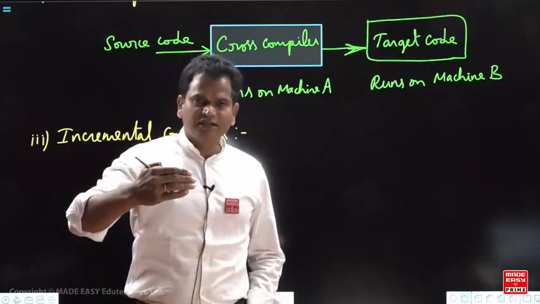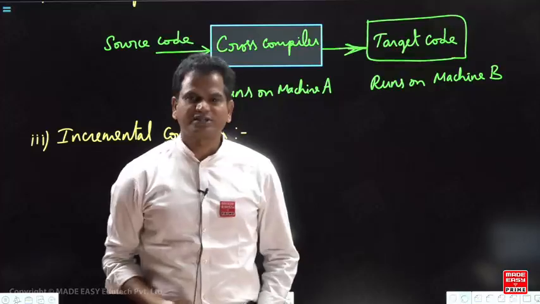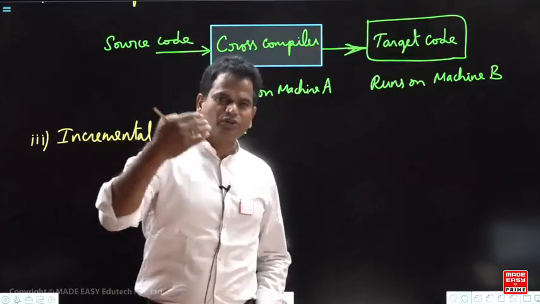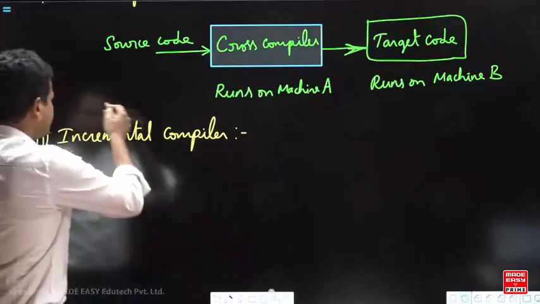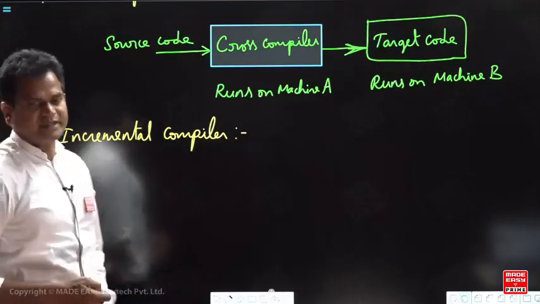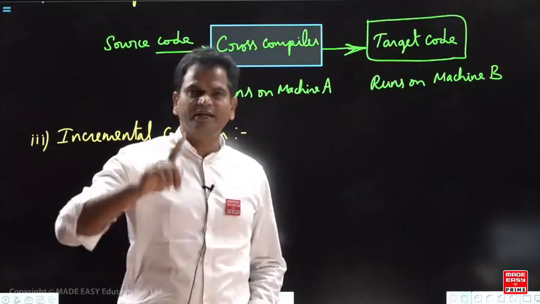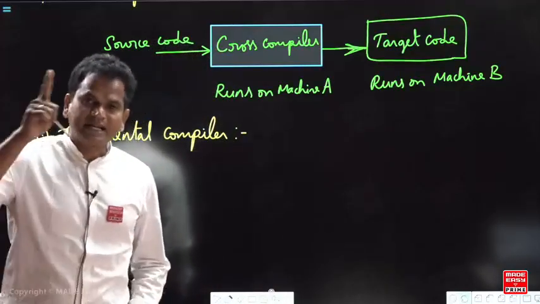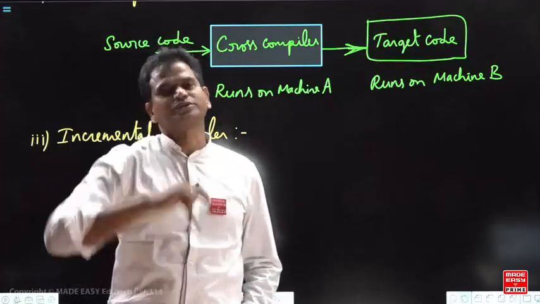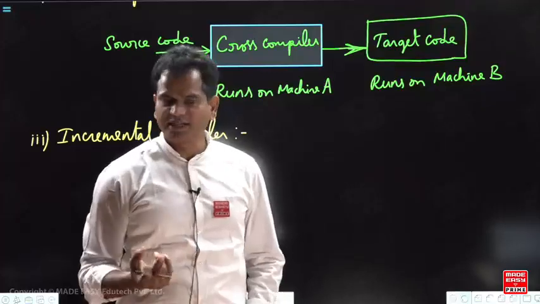If the user makes any modifications in the program, only the modified part will be executed by the incremental compiler. The incremental compiler is a compiler which executes only the modified source code rather than the whole source code. Got it? Next.